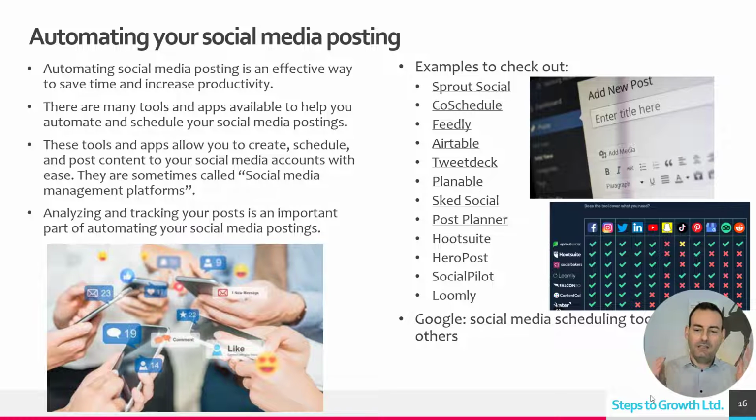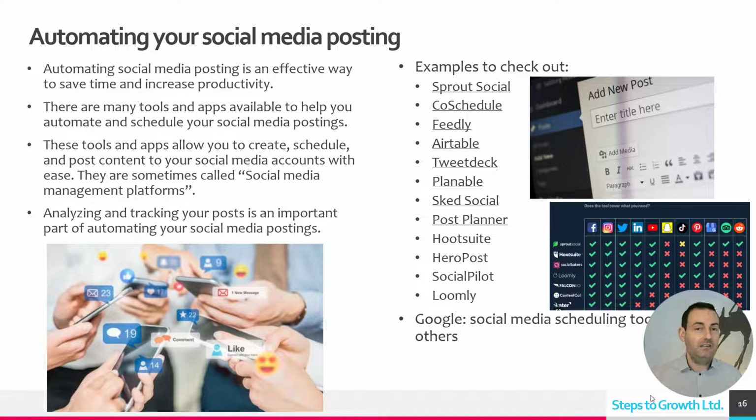And these are some examples to check out. There's lots and lots. I've personally used Hootsuite and Hero Post in the past, but if you Google social media scheduling tools, they'll give you something like this table. You want the tool to cover most of the platforms that you're targeting.